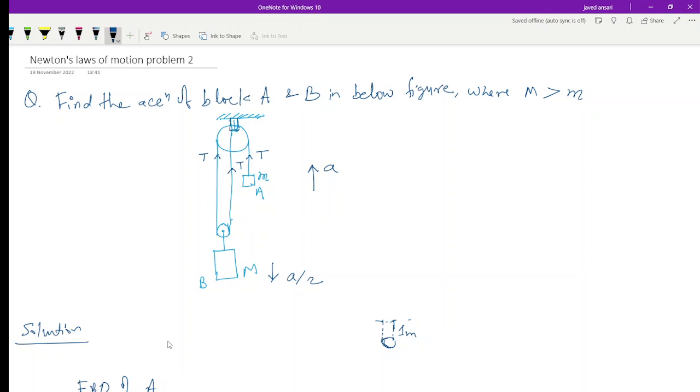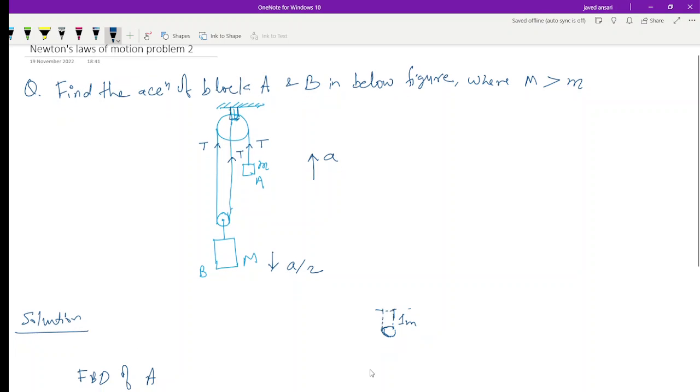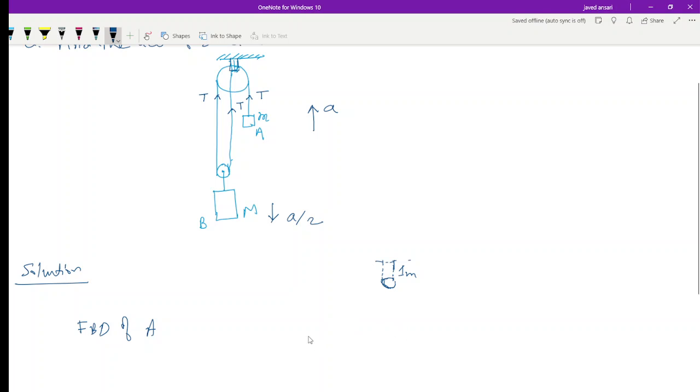So let's now understand the free body diagram of A. A will become like this. Its weight mg downward, tension T upward, and then it is moving with an acceleration a.